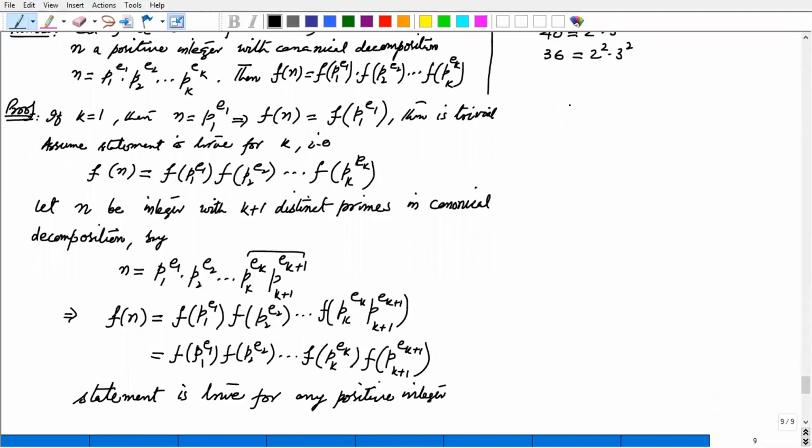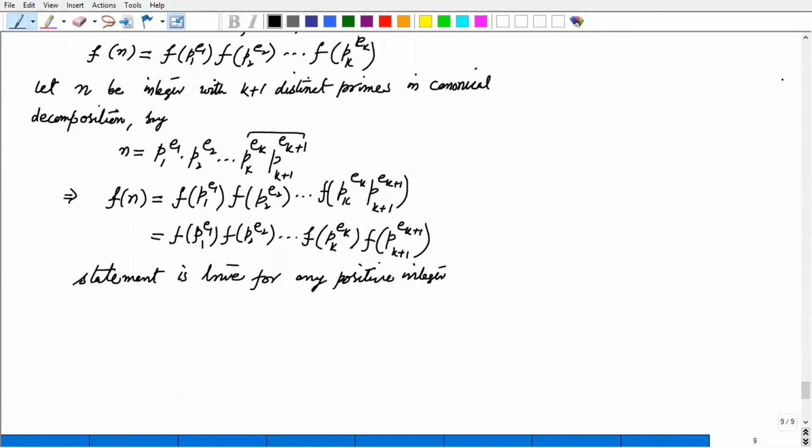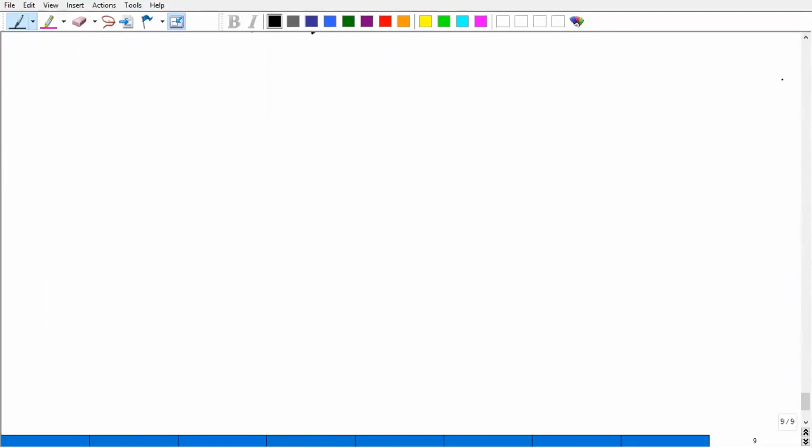Let me introduce another result. Better to use a different space. Theorem 2, for example. Let P be a prime and E any positive integer.